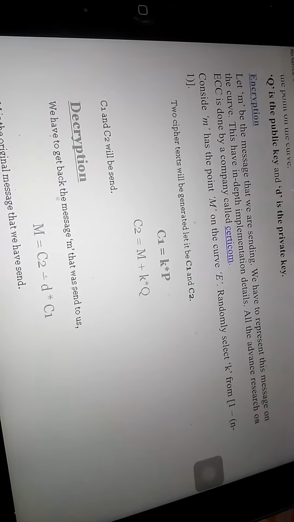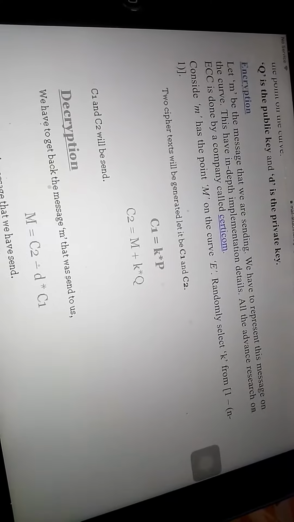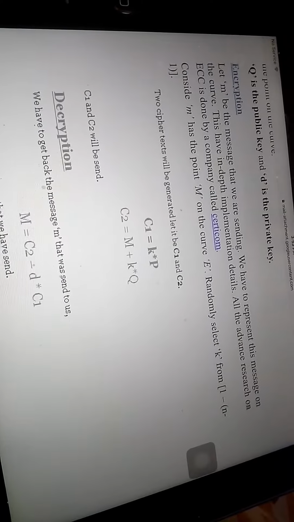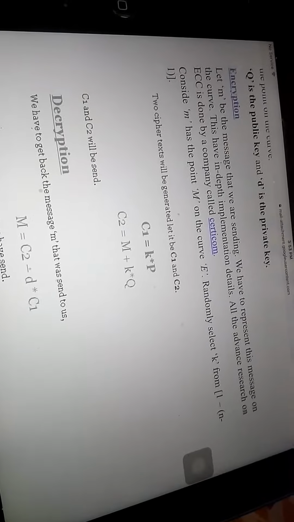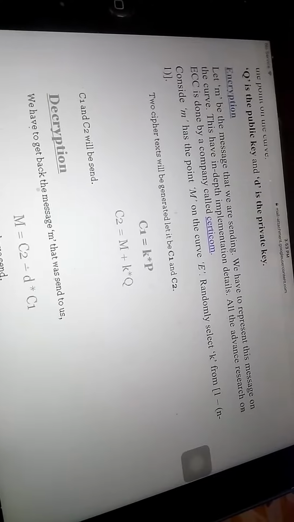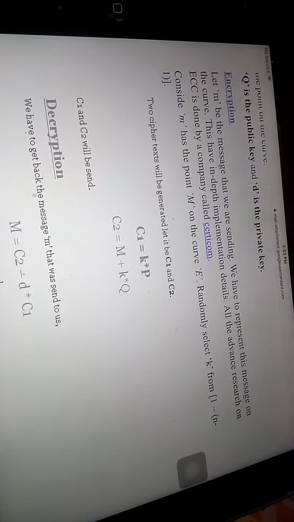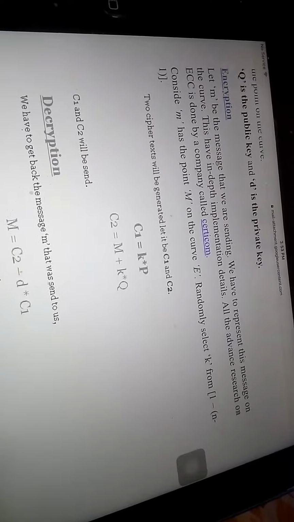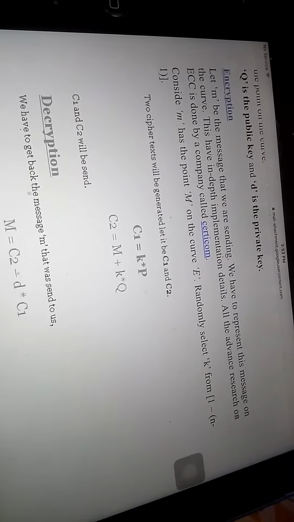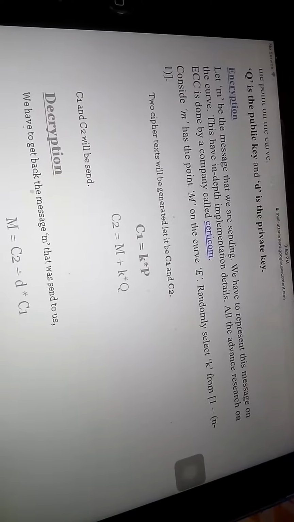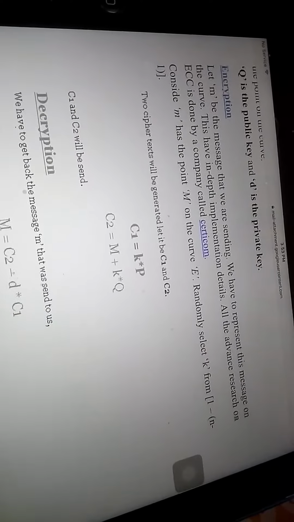We need to select the value K, and this K is within the range 1 to n minus 1. So K is in between the range 1 to n minus 1.